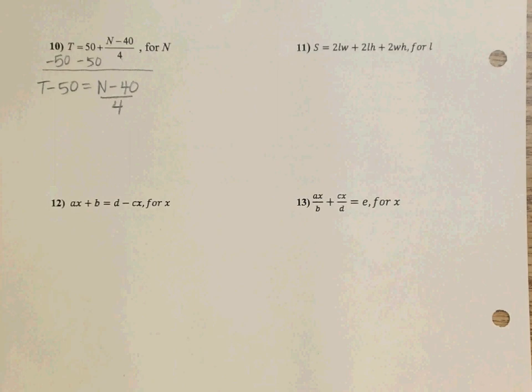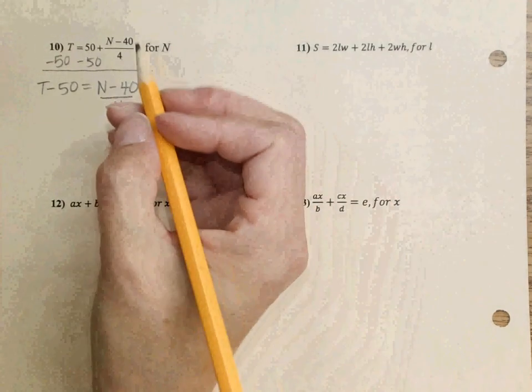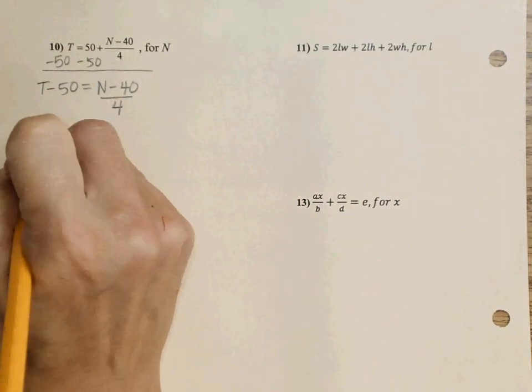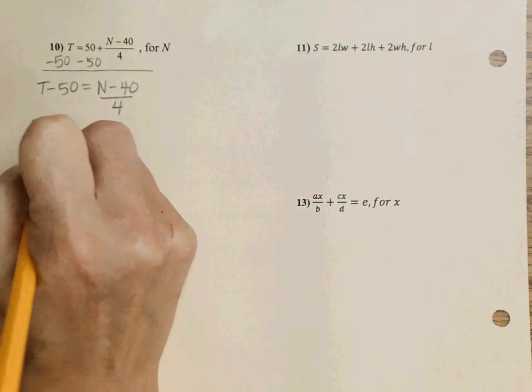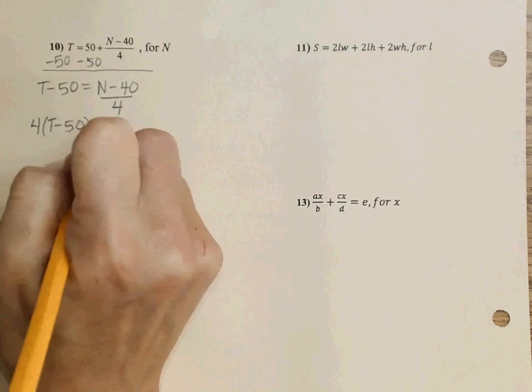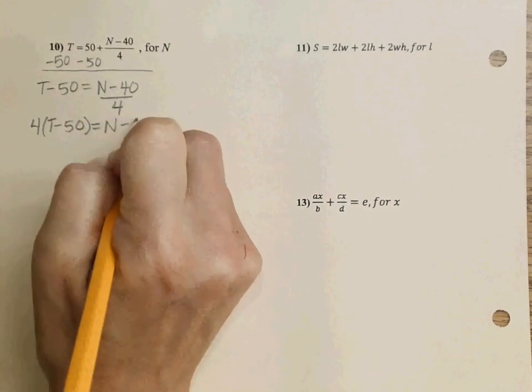On number 8, I multiplied both sides by v. This time I'm going to cross multiply. But again, both strategies work on both those problems. When I cross multiply, it's going to be 4 times t minus 50 is equal to n minus 40.